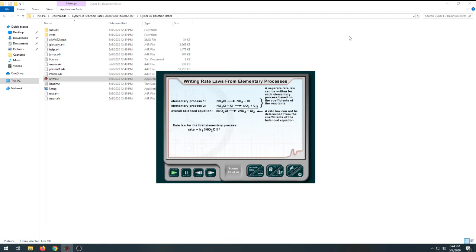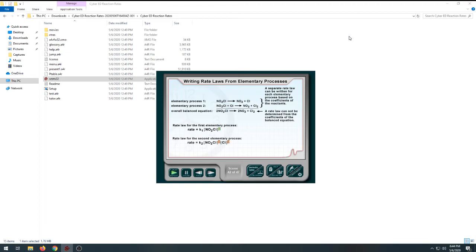The rate law for the first elementary process is rate equals k1 times the concentration of nitrile chloride raised to its coefficient, which is 1. For the second elementary process, the rate law is equal to k2 times the concentration of nitrile chloride times the concentration of chlorine atoms, each raised to the power of its coefficient, in each case 1.